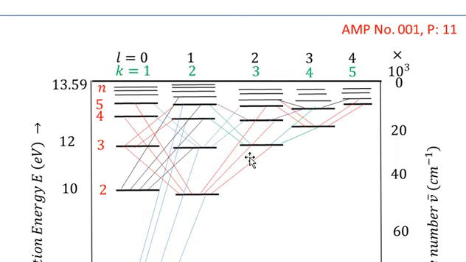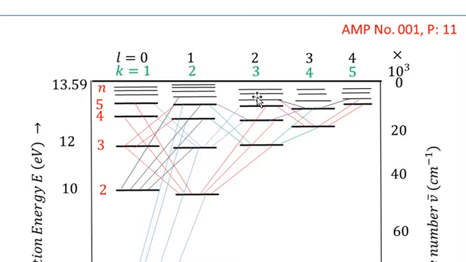So this is important for the spectrum of the hydrogen atom. You see that many other levels are possible. This L is an integer value starting from 0, that is 0, 1, 2, 3, and so on. And this K is a number starting from integer values of 1, 2, 3, and so on up to 5.